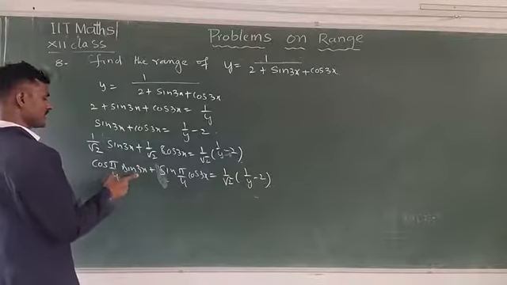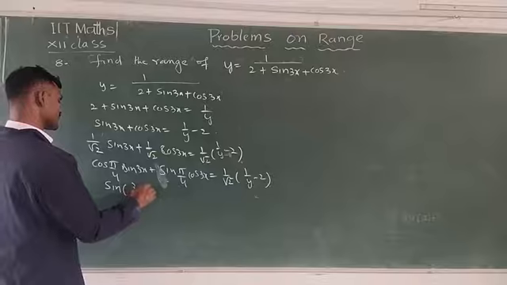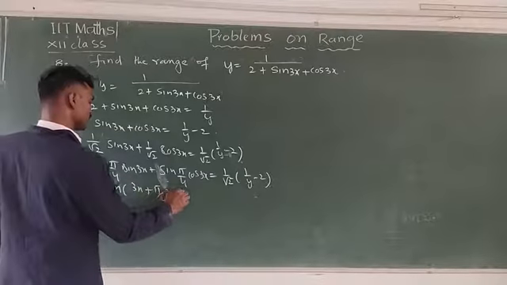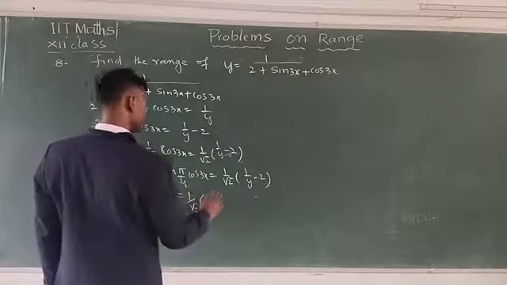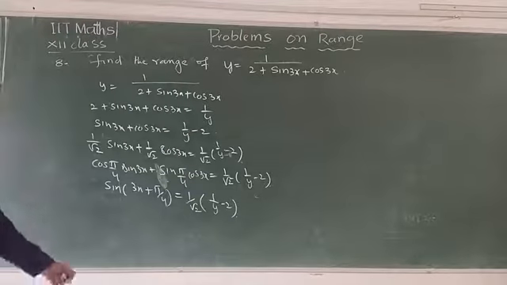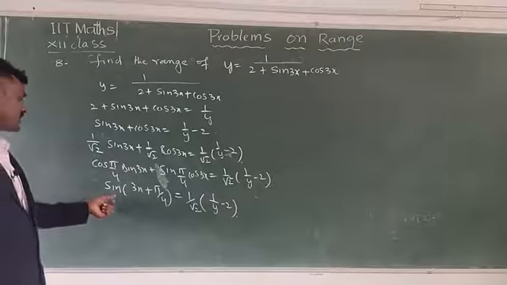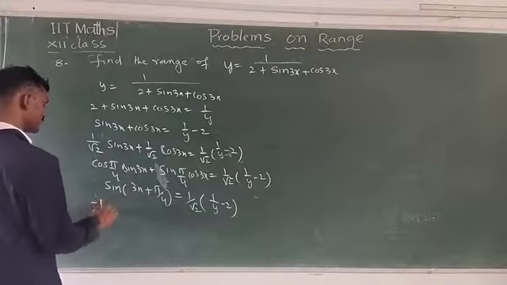Now this is sin a cos b plus cos a sin b is equal to sin (a plus b). So sin (3x plus pi by 4) is equal to 1 by root 2 into (1 by y minus 2). Now we know that for sin, its range is equal to minus 1 to 1.